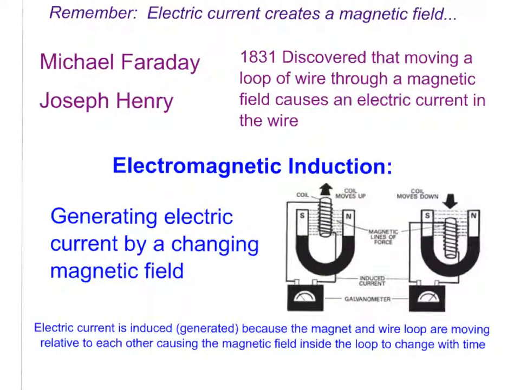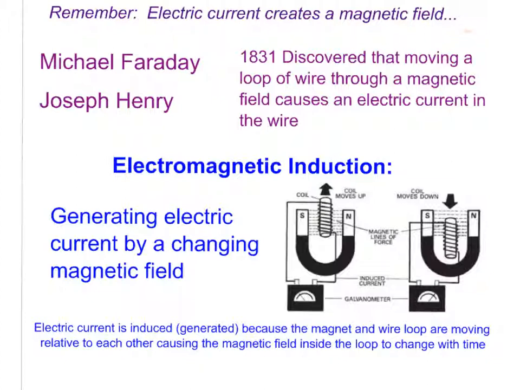So remember, we talked about electric current being able to create a magnetic field. When we have an electric current, a magnetic field is created around that current. About a decade after the discovery where we learned this, two scientists working independently of each other, Michael Faraday in Britain and Joseph Henry in the United States, both discovered that moving a loop of wire through a magnetic field causes an electric current in the wire, which was an interesting idea.